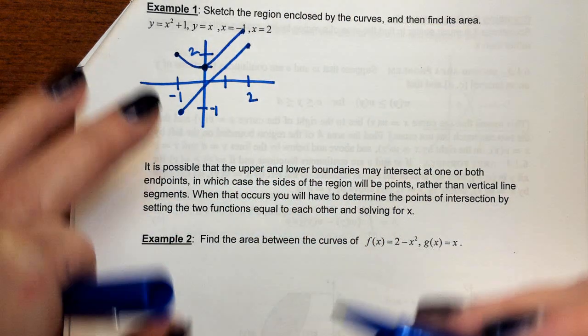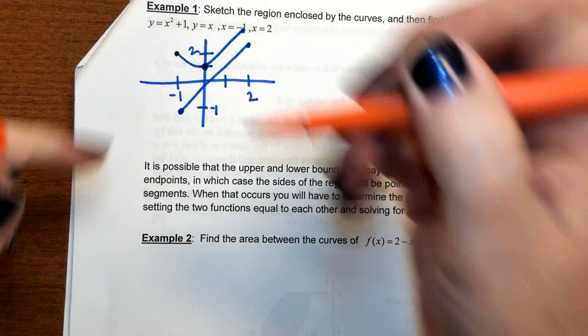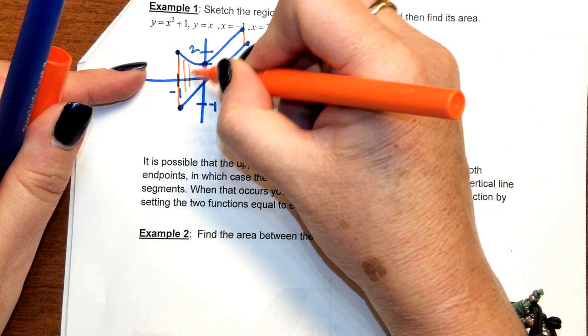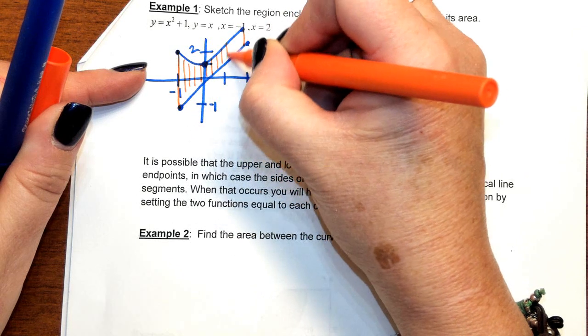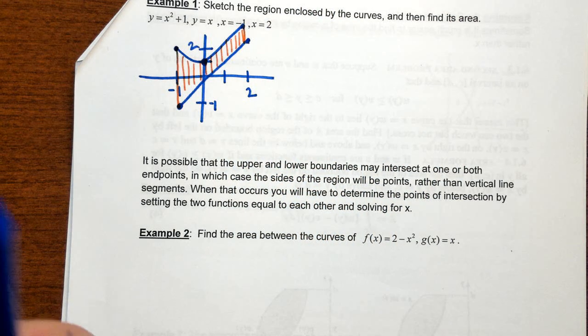So that's what x squared plus 1 looks like from -1 to 2. I'm trying to calculate the area between these two curves. So that's the area I'm trying to calculate.